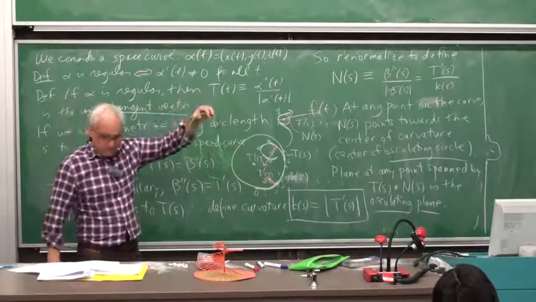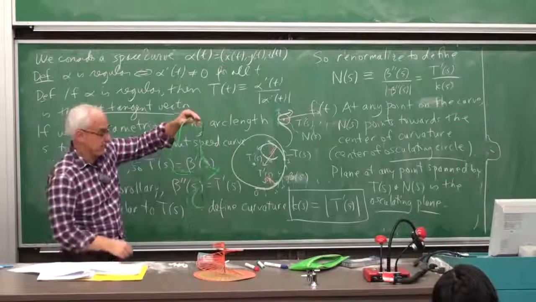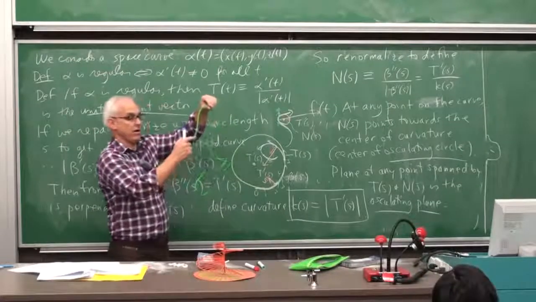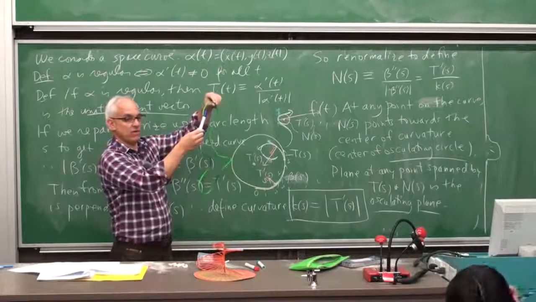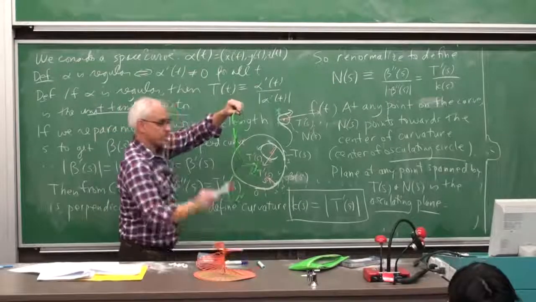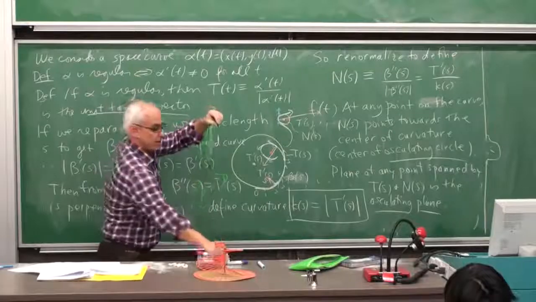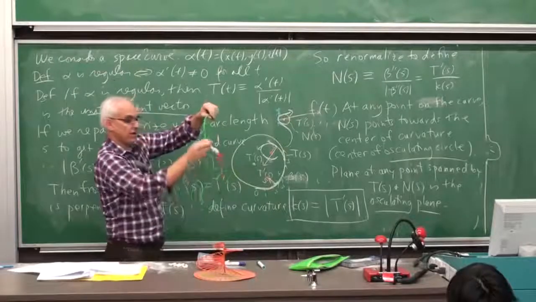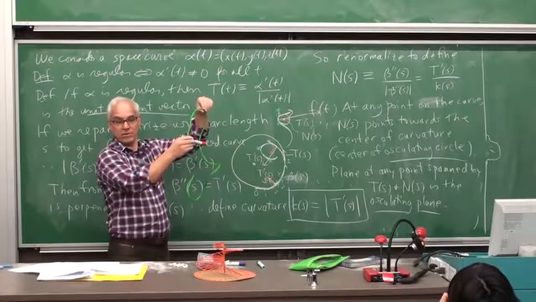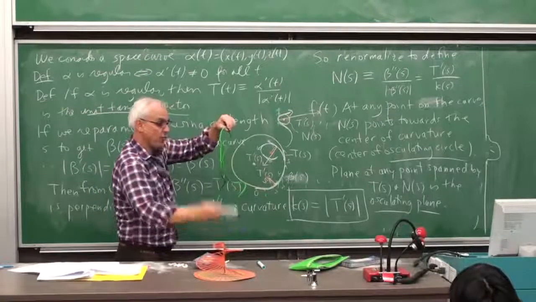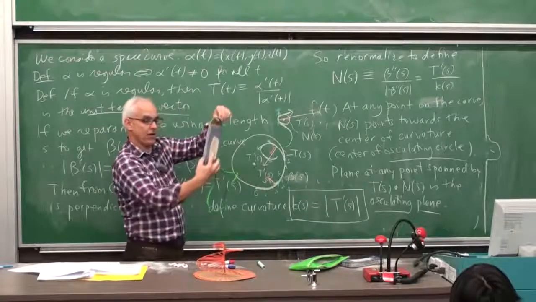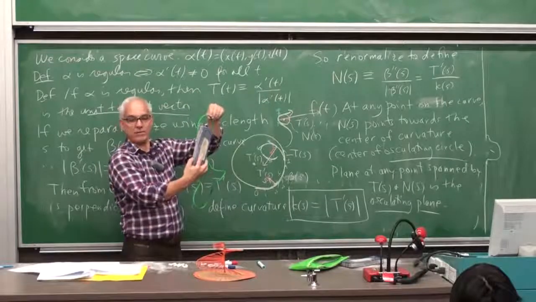So again, if we have something like this, then at any point, say that one there, there's a tangent vector, and I could also, by looking at the rate of change of this unit tangent vector, calculate the normal vector, and then the plane spanned by those two is going to be the osculating plane.